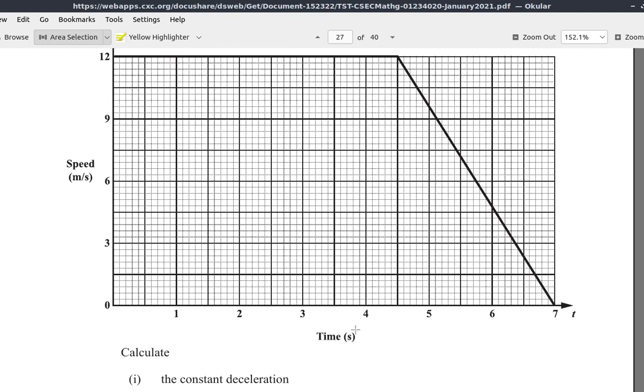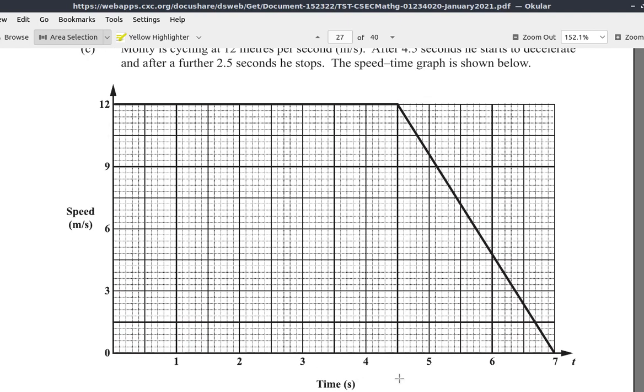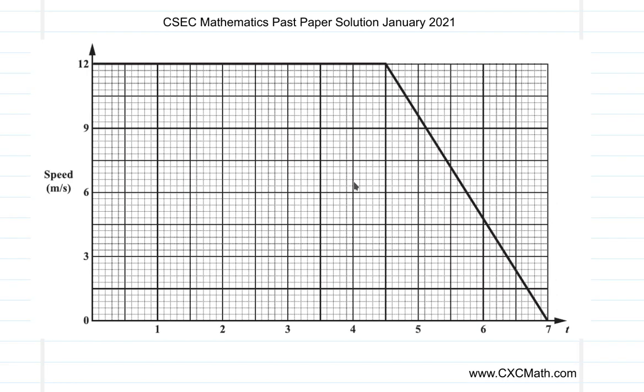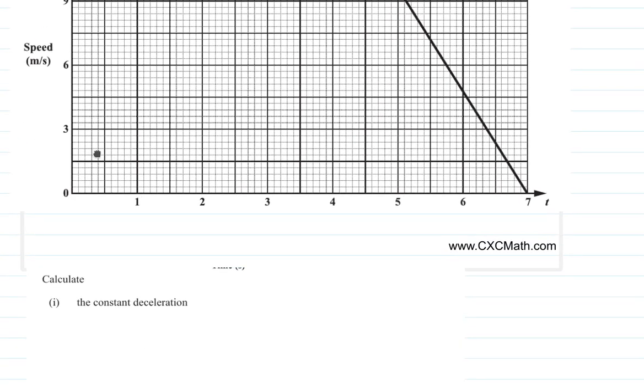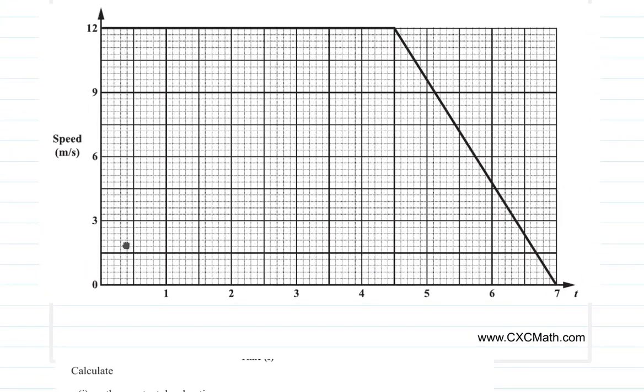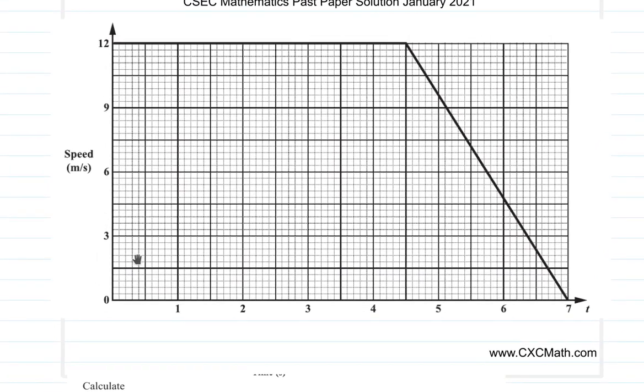Calculate the deceleration. Now, I copied the question and put it here already. We're going to calculate the deceleration. Of course, deceleration is the change in speed divided by time.